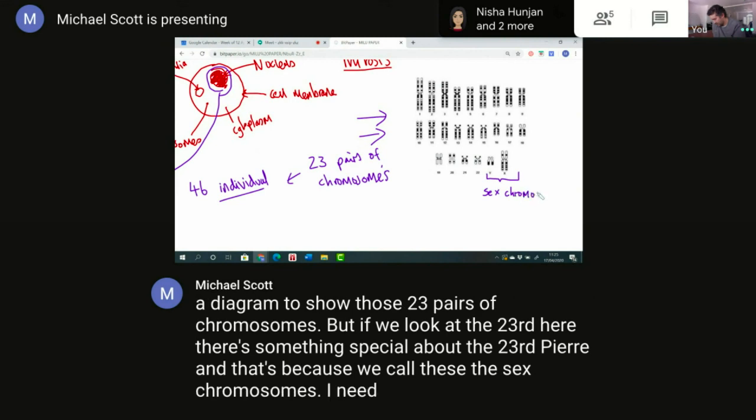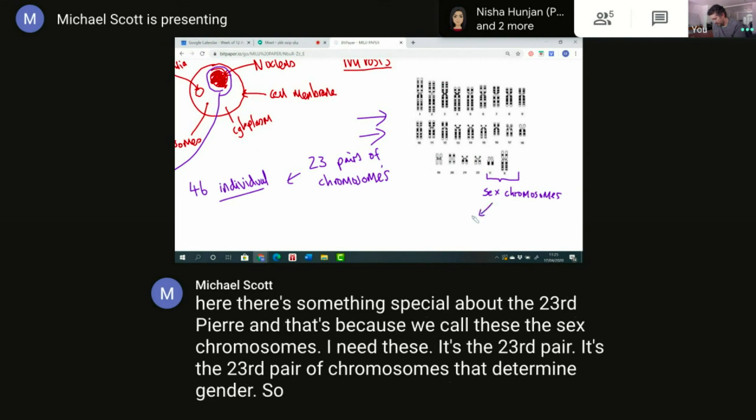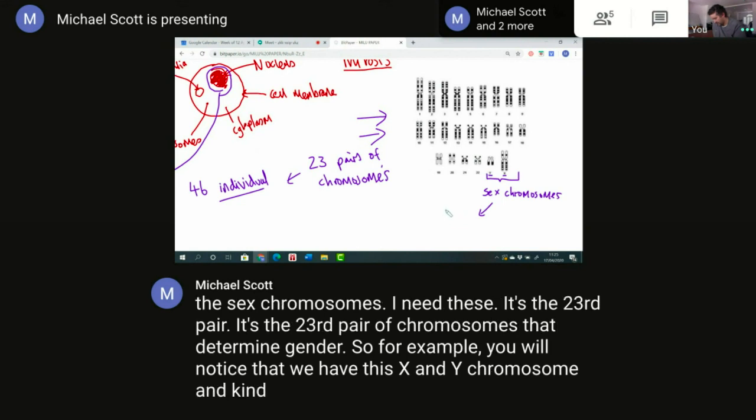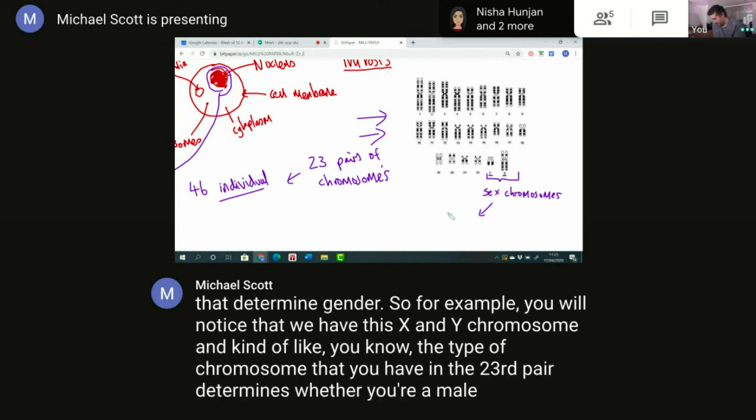It's the 23rd pair of chromosomes that determine gender. You'll notice that we have this X and Y chromosome, and the type of chromosome that you have in the 23rd pair determines whether you're a male or female.